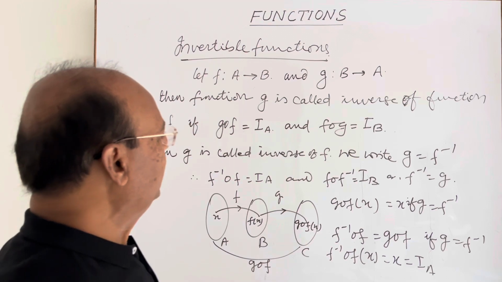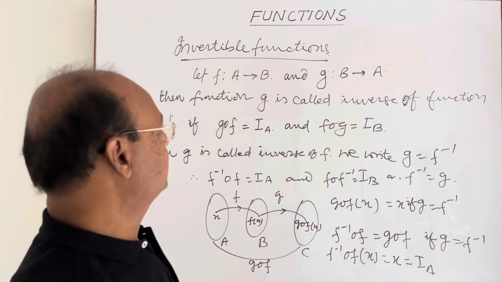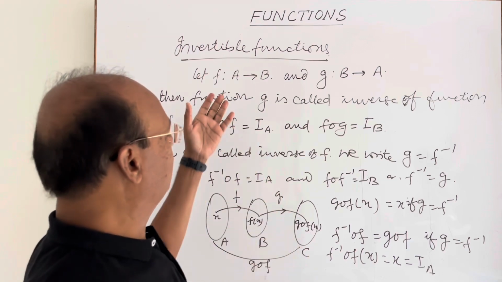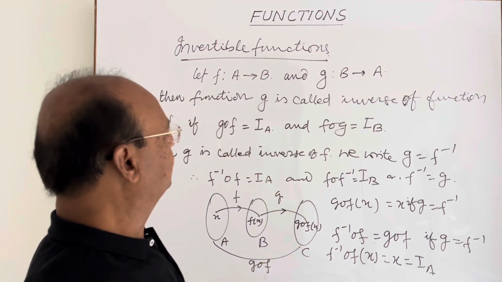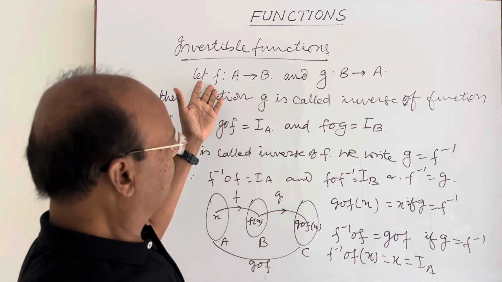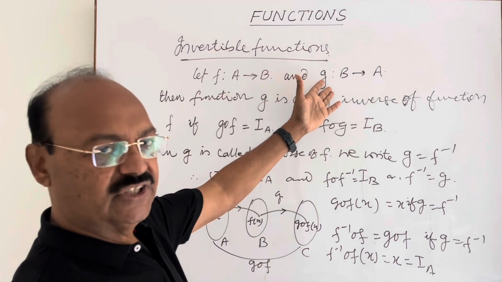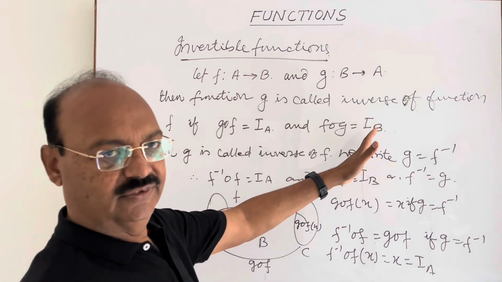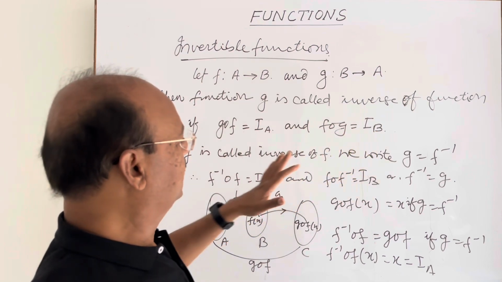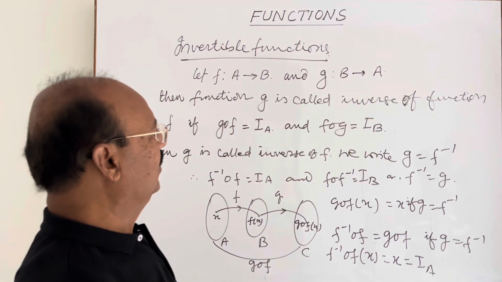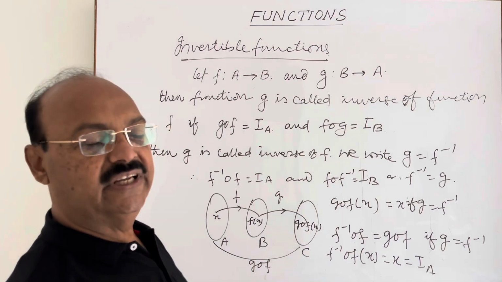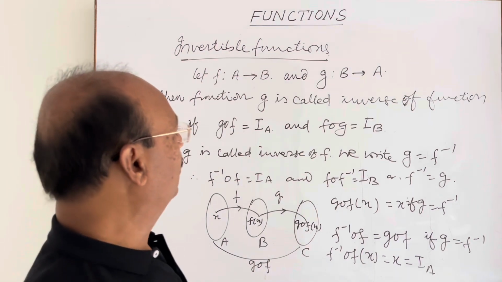Okay, so in a nutshell we can understand that we can find inverse of any given function if after composition with another function g we get identity function. Okay, and this is important to note that a function is invertible if it is one-one and onto function.